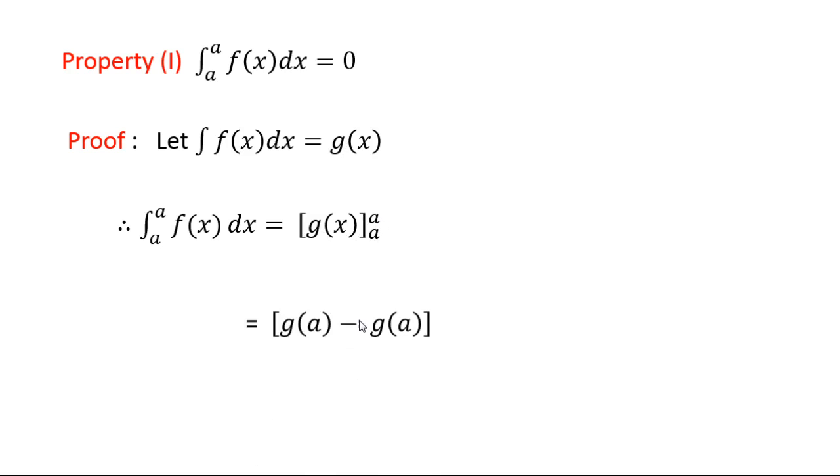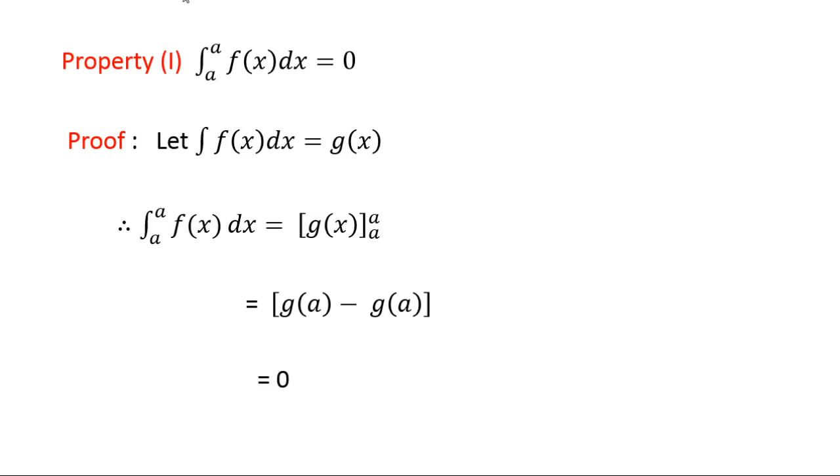First we evaluate this by taking x equal to the upper limit a and then the lower limit a. I don't know the value of g of a, but g of a minus g of a will cancel each other and the answer is 0. So this is a simple proof of property number 1.